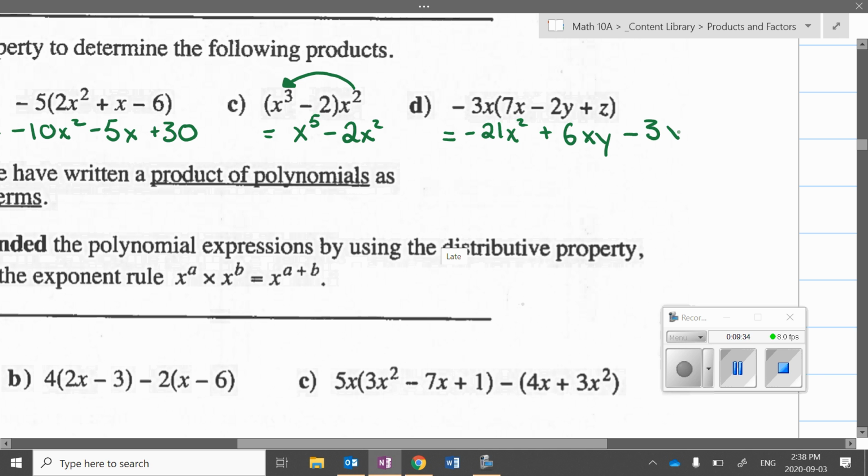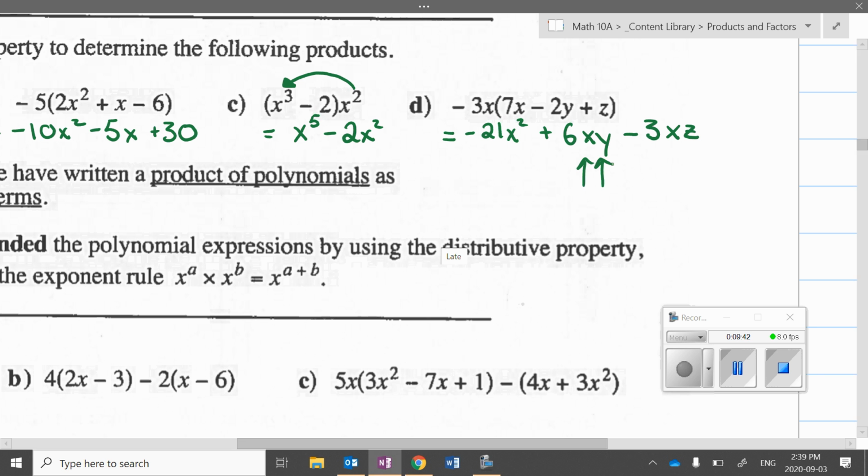Good. So whenever you have multiple variables like these ones, generally speaking, we put them alphabetically. So instead of writing yx, we would write xy. Does it matter? No, because the order we multiply does not matter. But the math norm is to put them in alphabetical order.